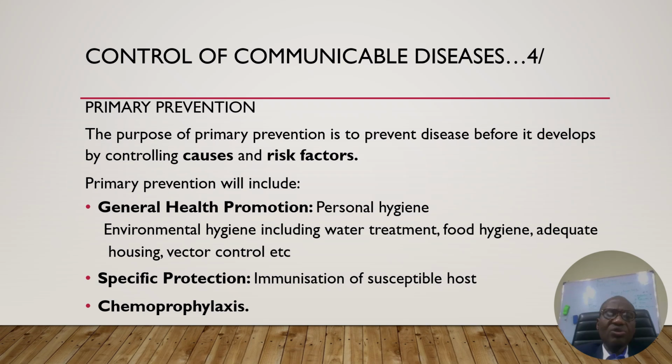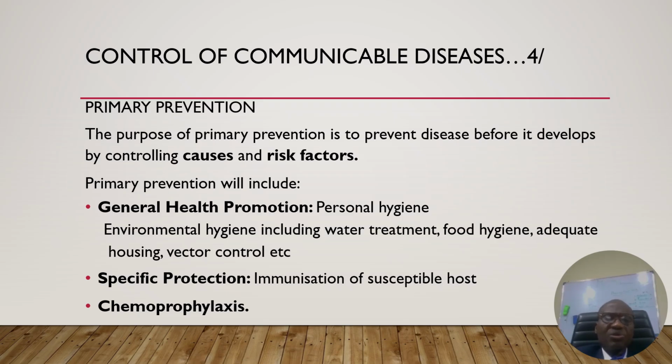One way of doing that is health promotion or health empowerment: empower individuals by providing vaccination against diseases, adequate potable water supply, adequate food, adequate housing, vector control, environmental protection. All these are ways to empower the individual against diseases where the risk factors are already present.